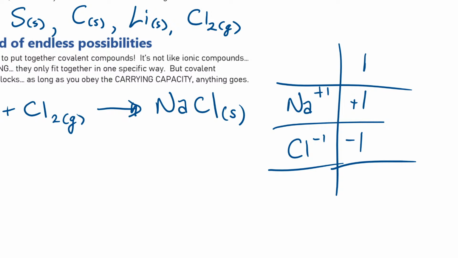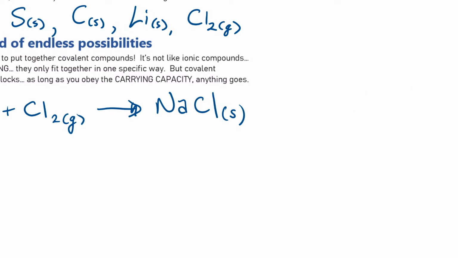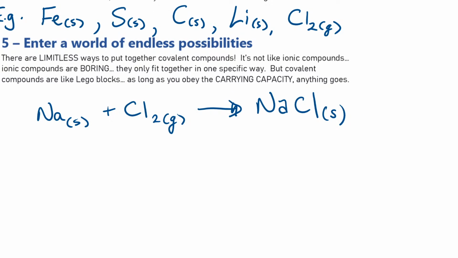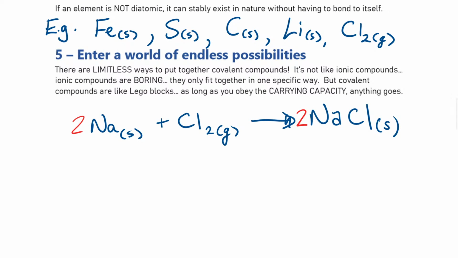And that's a solid. All ionic compounds are solids, because they're just big, stupid, boring lumps of rock. And then, of course, we could balance this. We could say, well, since this always comes in pairs, we're going to need 2 of those. That'll give us 2 of these. Don't worry about that. You're going to have lots of time to remember how to balance equations later on.